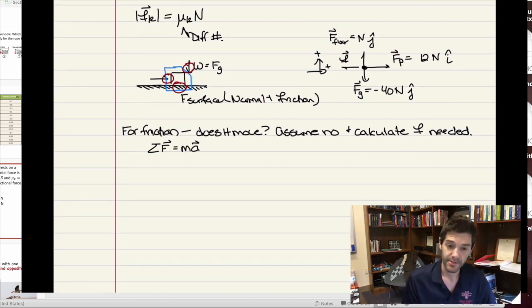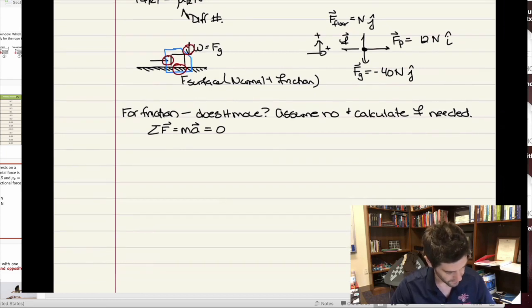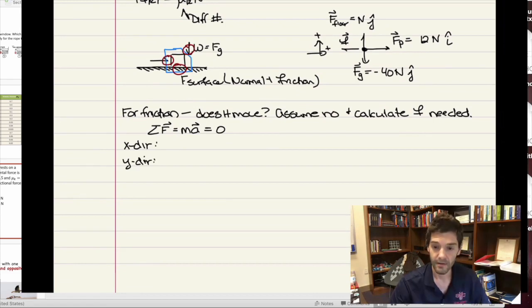So if I do that, the sum of the forces on the box equals the mass of the box times the acceleration of the box, but I'm assuming the object is not moving. Therefore, in the x direction and in the y direction, I can write down how the forces balance one another.